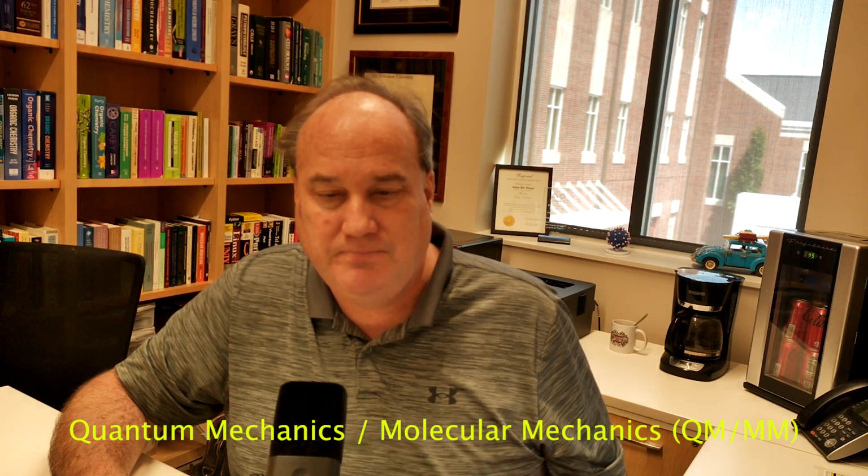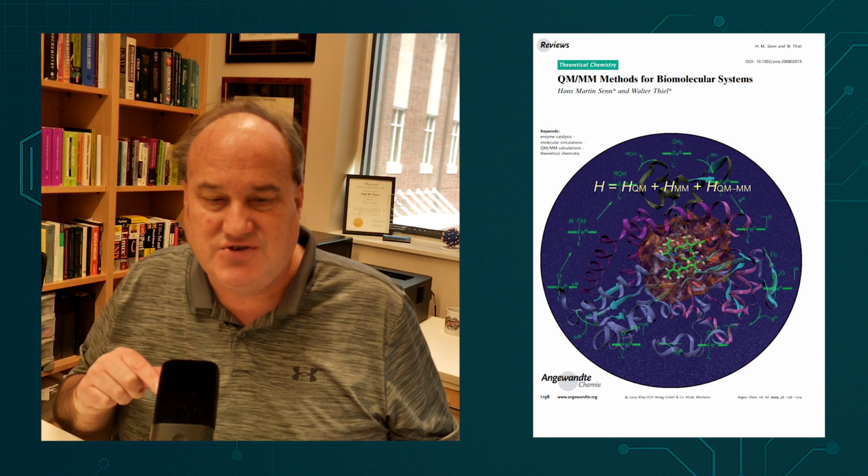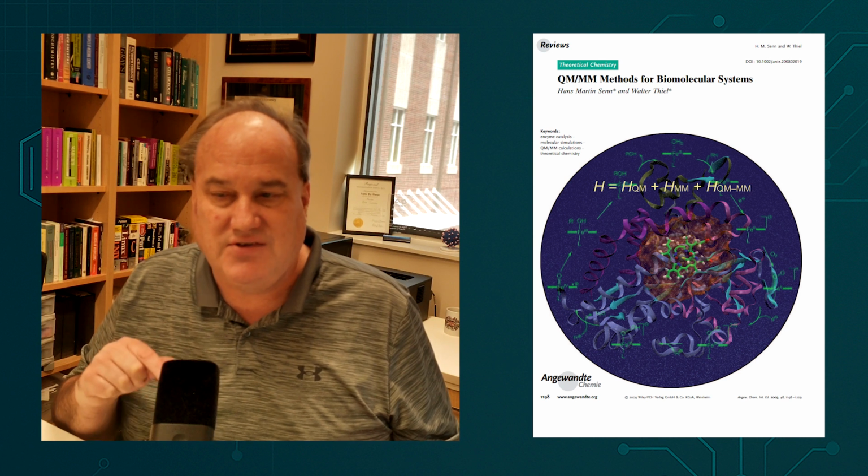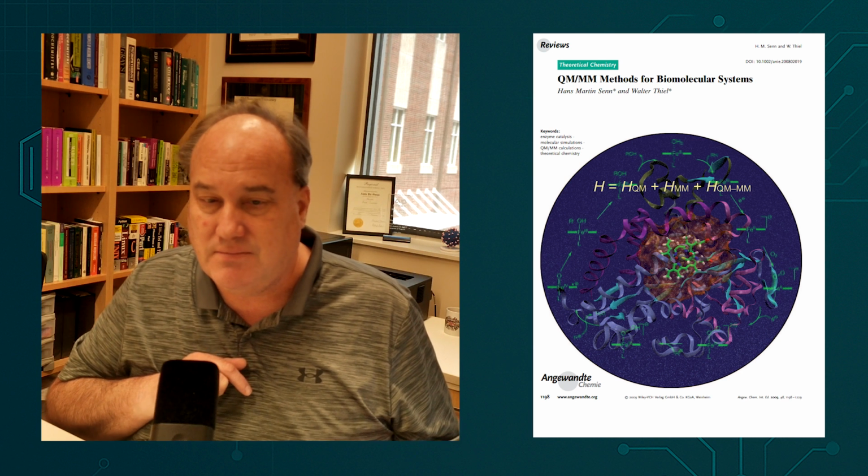harmonic springs. And so if you want the definitive text on how this partitioning works, read the classical foundational review by Senn and Thiel from 2009, published in Angewandte Chemie, titled QM/MM Methods for Biomolecular Systems.